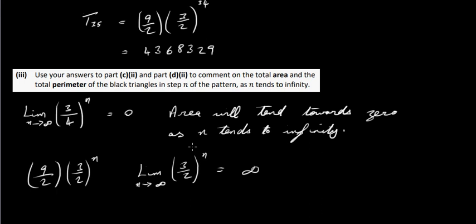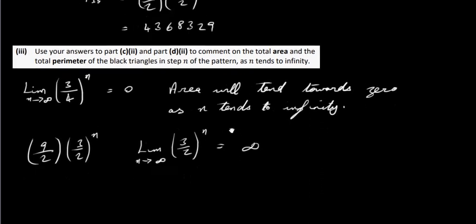So it just gets bigger and bigger, and as n gets bigger, this number here is going to get bigger, and so the perimeter of the black triangles will just tend towards infinity. So we can say something similar here.